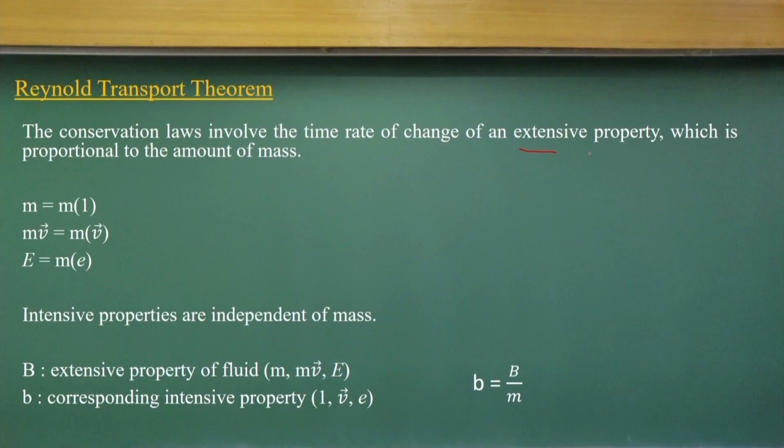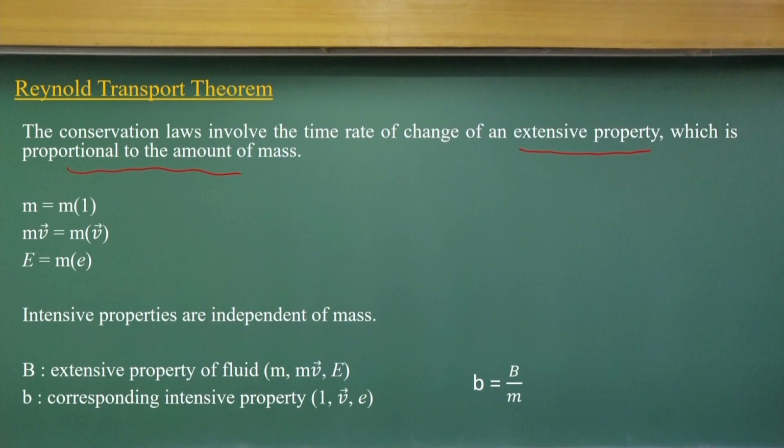Now, let me define two types of properties we have: extensive properties and intensive properties. Extensive properties are proportional to the amount of mass. As mass increases, the extensive property increases; as mass decreases, the extensive property decreases.